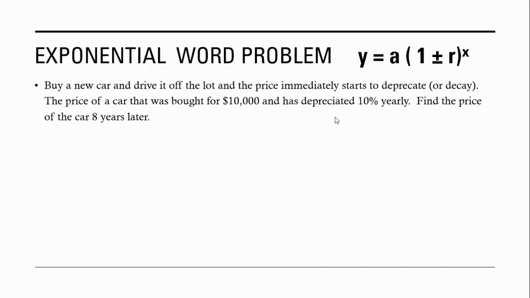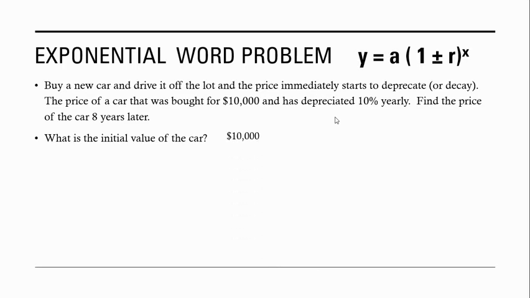Let's take a look at this word problem. We're going to buy a new car and drive it off the lot, and the price immediately starts to depreciate or decay. The car was bought for $10,000. It will depreciate 10% annually. Find the price of the car 8 years later. So what is the initial value of your car?